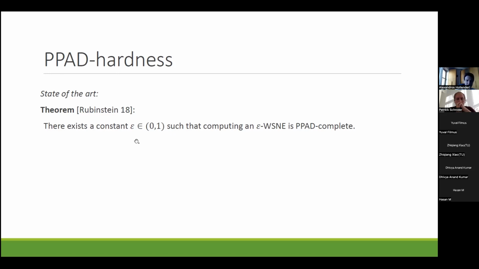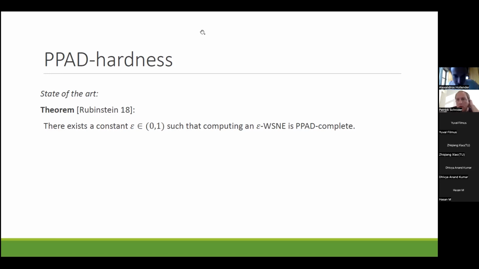But what's a bit unsatisfying is that it just says there exists some constant, and it doesn't tell you what the constant is. And if you try to go look into the paper of Rubinstein, he does not mention a constant. And the reason is that because the proof is very complicated, the constant that you would be able to extract from that would be very, very small, and I would say, insignificant for economic or game theory applications.